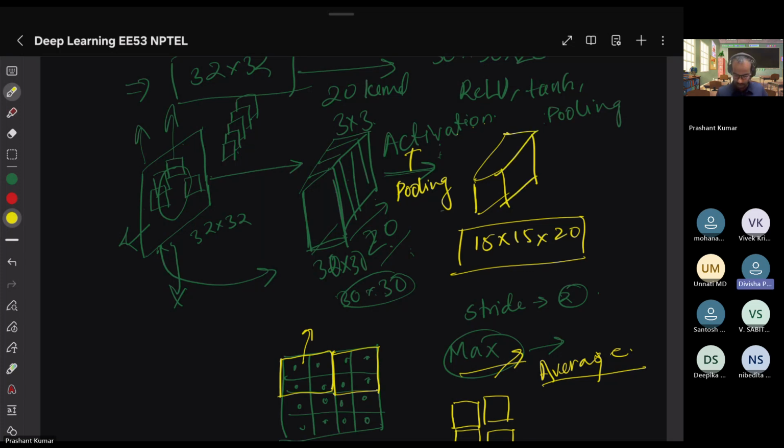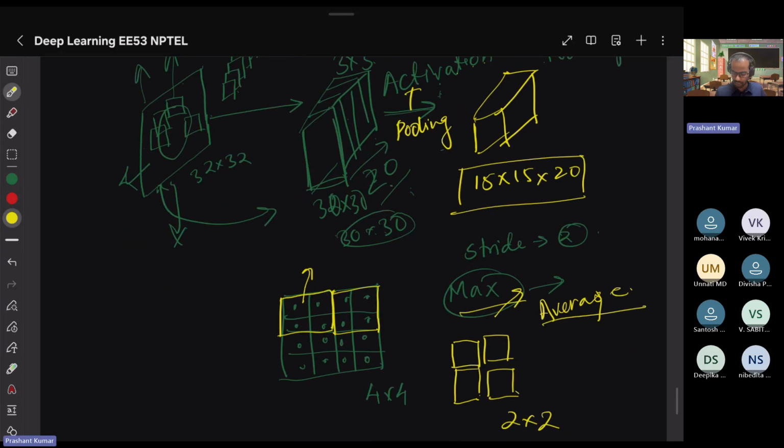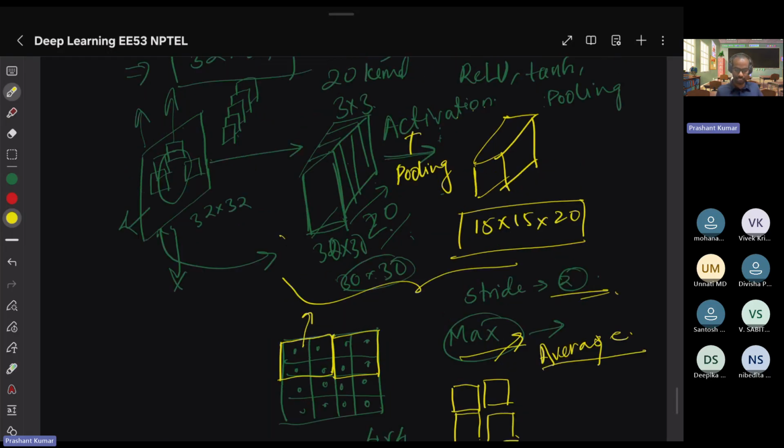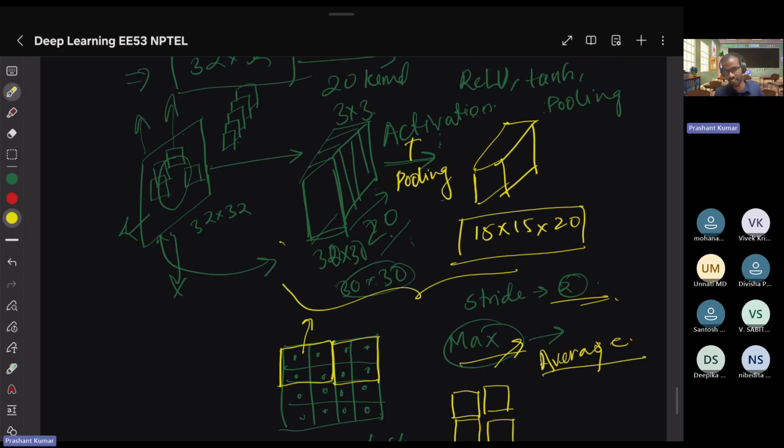With stride 2 or 1? In this case, stride 2. Suddenly the dimension has become half. And this is one convolution layer that contains one convolution plus one activation plus one pooling.